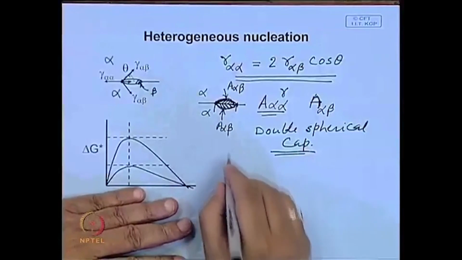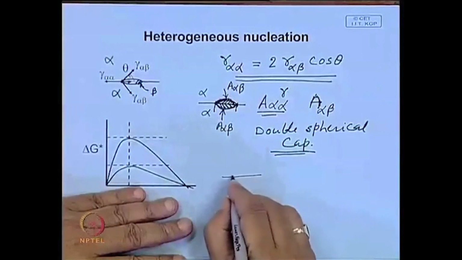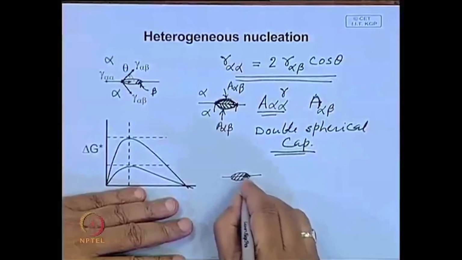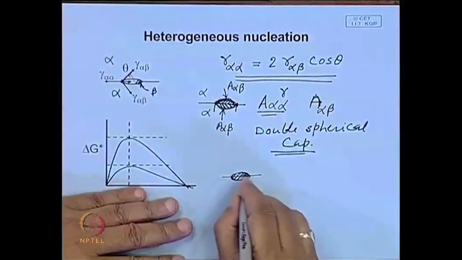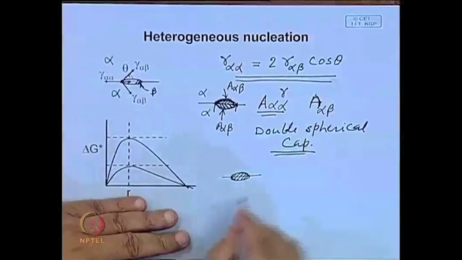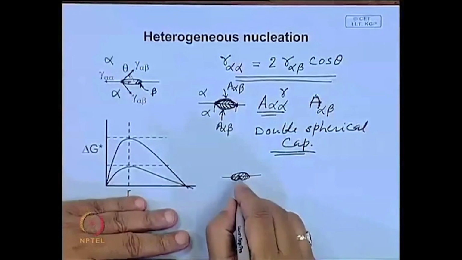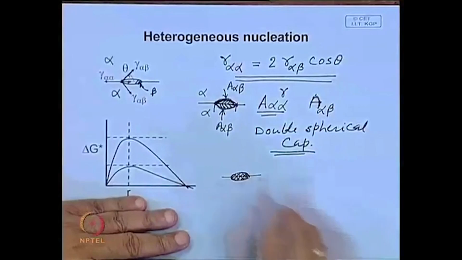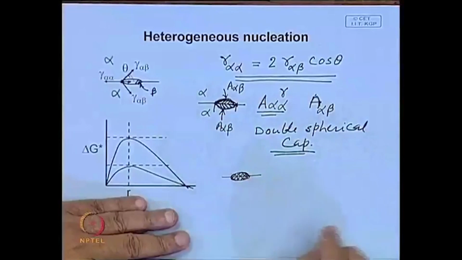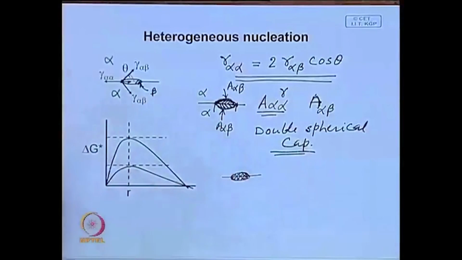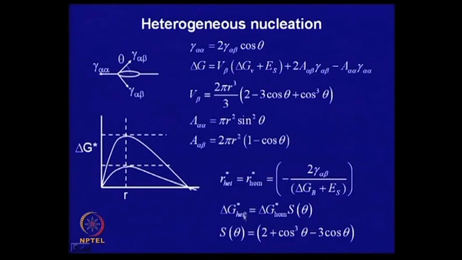But that does not mean the volume of the critical nucleus is the same. The key thing is that the nucleus is only this much, only this is the size of precipitate which needs to be created. So, compared to homogeneous nucleation, the volume of the precipitate that forms is much smaller here. And you will find that this energy hump is a function of the shape factor.